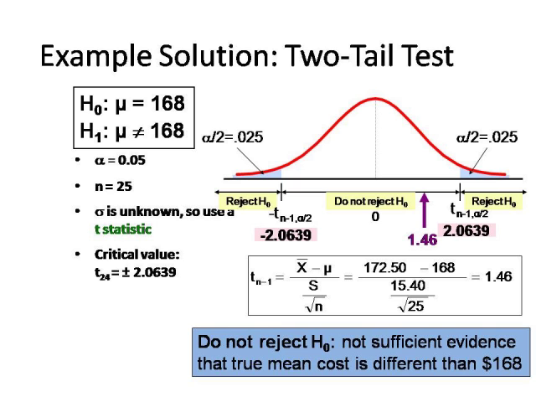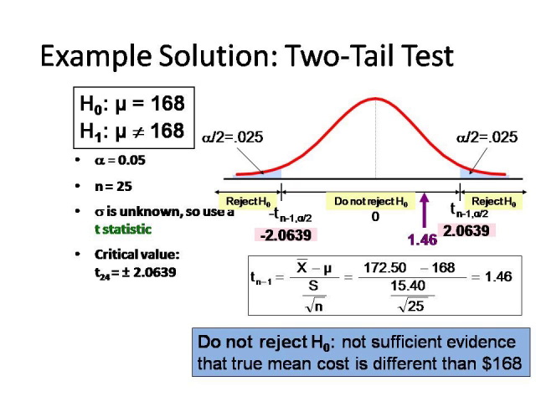Use your T distribution, degrees of freedom 24, just n-1. Set up those two boundary points. Change your sample mean of 172.50 into a T value, and once again compare to see where that lies. It is clearly in the do not reject region, so it's saying that we can't reject the null.